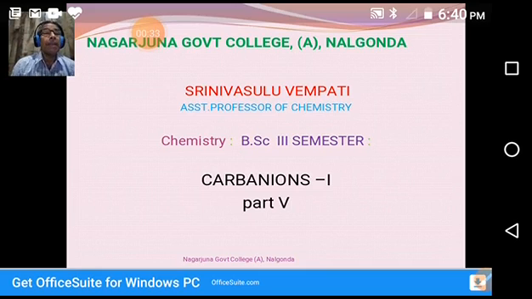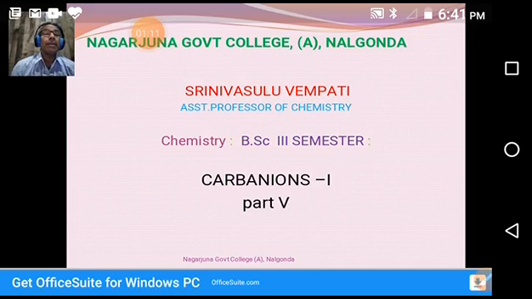In this Carbanions 1, we have discussed what carbanions are, how they are generated, types of carbanions, and the factors that affect the stability of carbanions, followed by acidity of alpha hydrogens in different compounds.